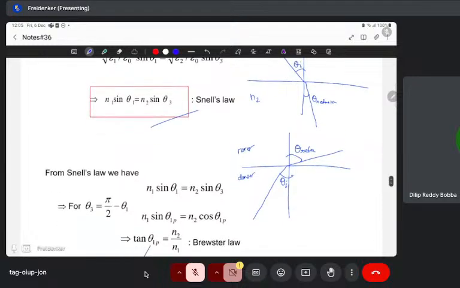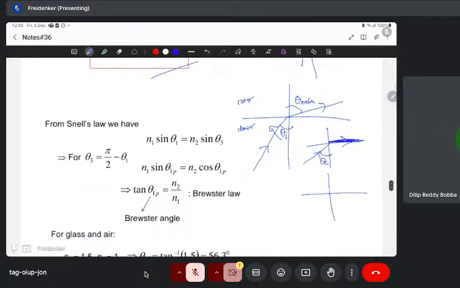So if you keep increasing this, at one point your light will go like this. So this is your theta critical. That is critical angle. If you go above your critical angle, then you will get reflection. This is total internal reflection.